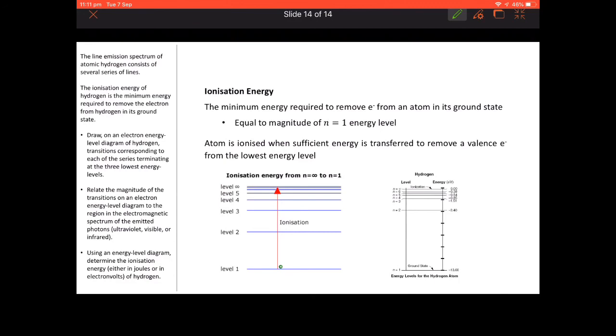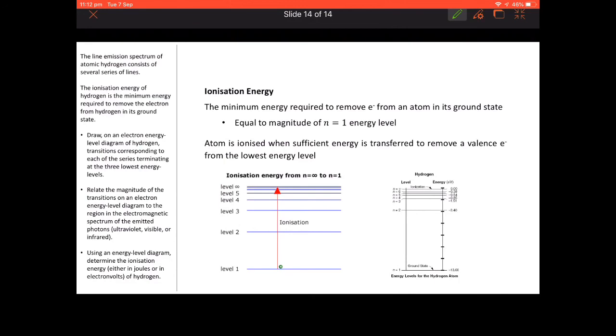And this makes sense because an electron in the ground state, at n equals 1, is going to have the lowest energy, so it's going to require the most energy to leave the atom or ionize the atom. So it's going to be equal to the magnitude of the energy of that particular level, the n equals 1 level.